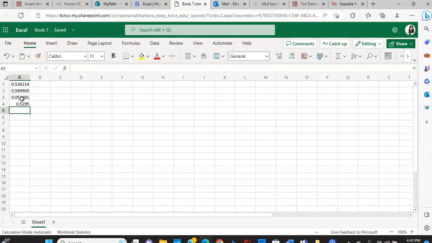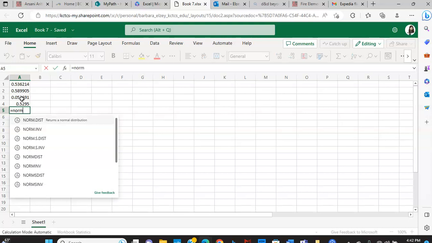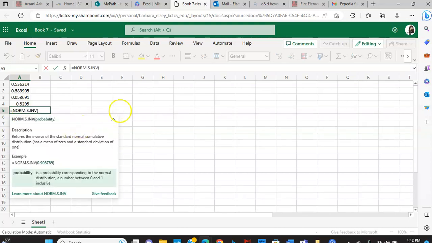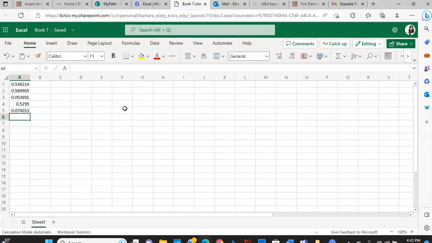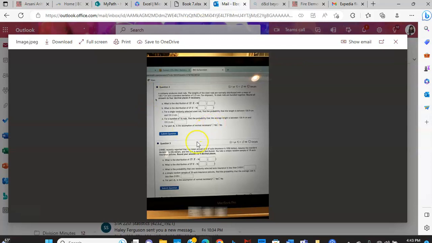This time we have the probability, and we want to go back to the original score. So we do equals NORM.S.INV, this one right here. It's the inverse operation of what we did before. So we'll plug in 0.5295. And so the original value is 0.074013.